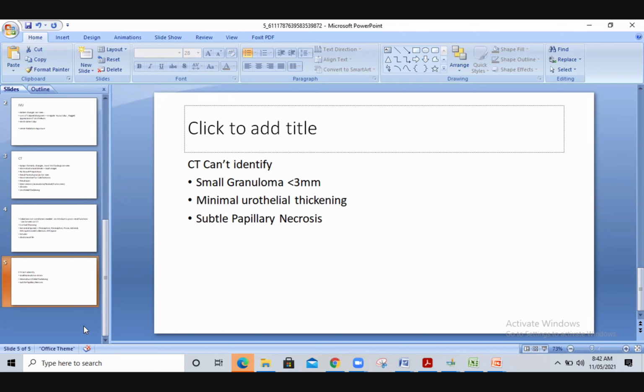In addition to CT, we can do a cystogram, we can do a PCNogram. And in patients with renal failure, the parenchyma is visualized on CT, but it is not possible to see on IVP.